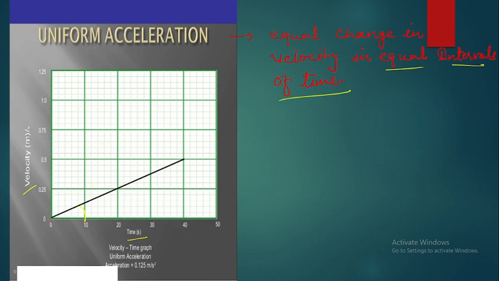It means the rate of change of velocity is equal in equal intervals of time. With the help of this graph, we can also determine the distance moved by the object. Distance means magnitude of the displacement.